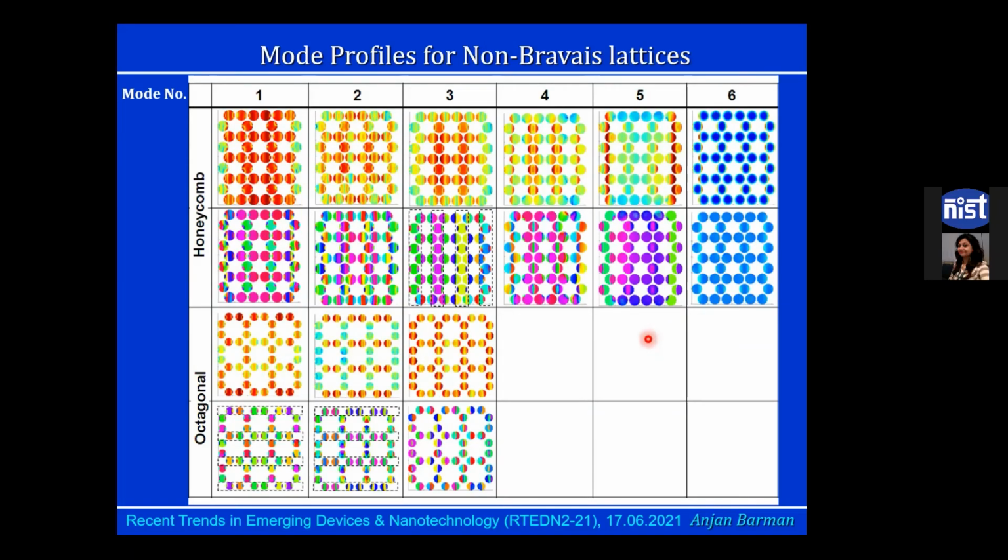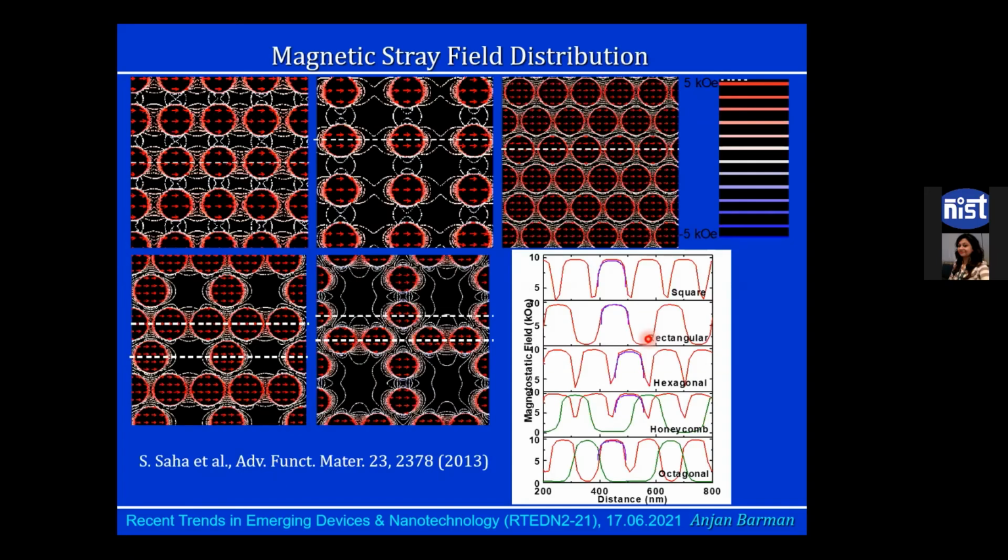Just have a look. If I calculate the stray field distribution, you can see how they're interacting here. The interaction is very strong here, becoming weaker here, and very localized here. So you have different kinds: strong interaction here, weak interaction there, and so on.